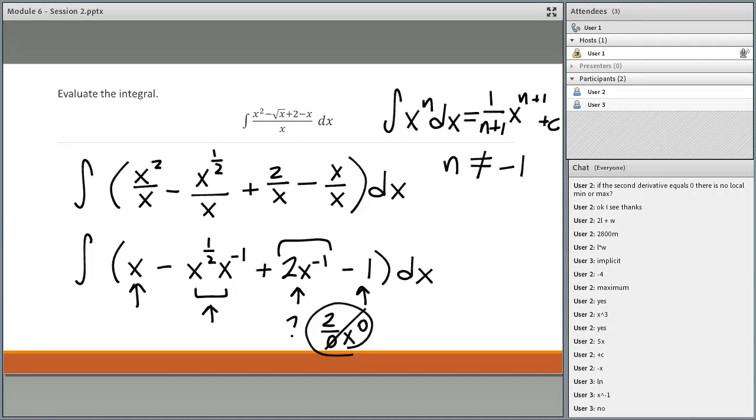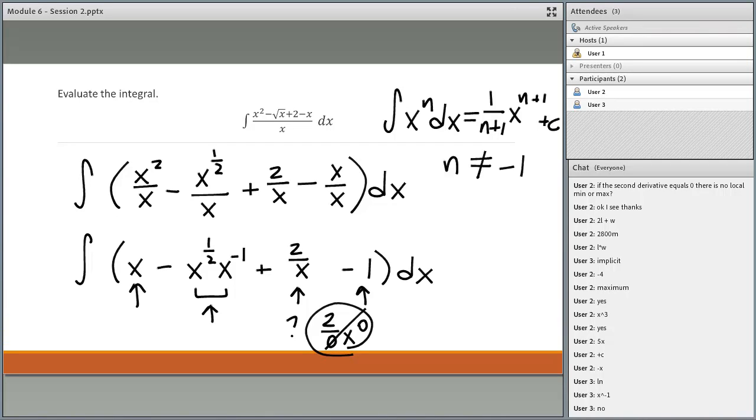So that's why on that third term, I'm going to go ahead and leave that as 2 over x, just because that helps to remind me that that's going to be the natural log case. So what happens to the second term?